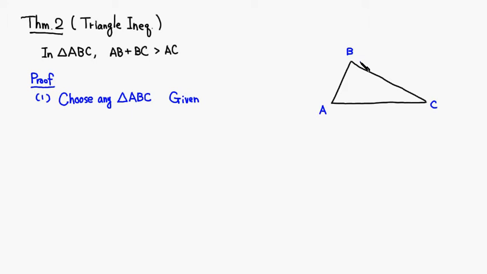All right, so pick any triangle ABC. So we know that A, B, C are non-collinear.